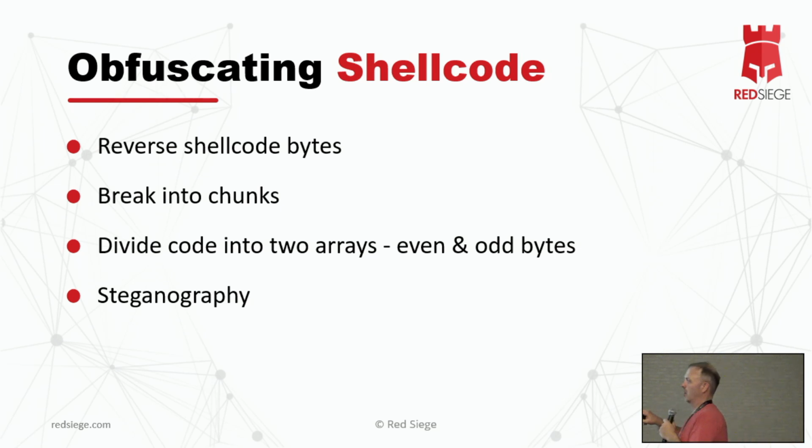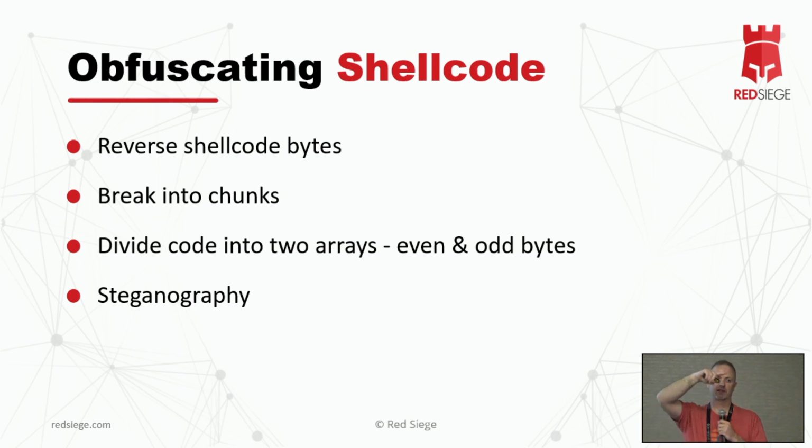Another technique that my coworker Justin came up with, divide your shellcode into 2 arrays of even and odd bytes. Now, not even and odd by the value of the shellcode, even and odd by their position in the array. So if you have 100 bytes of shellcode, the first byte at position 0 is going to be an even byte. So we put that in the even array. The second byte at position 1 is going to go into the odd array.